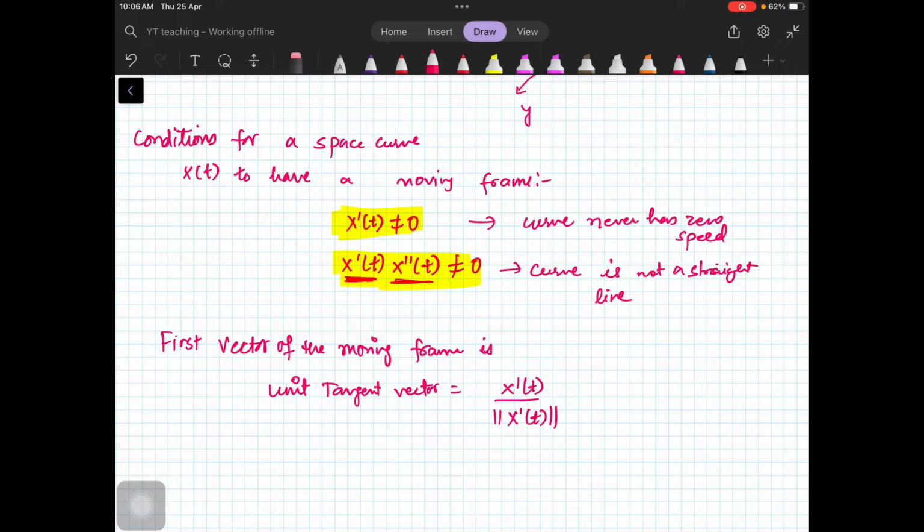So this is our first vector in the moving frame, and here you see I am using the first condition. Note that condition 1 is required, otherwise your unit tangent vector is not defined.